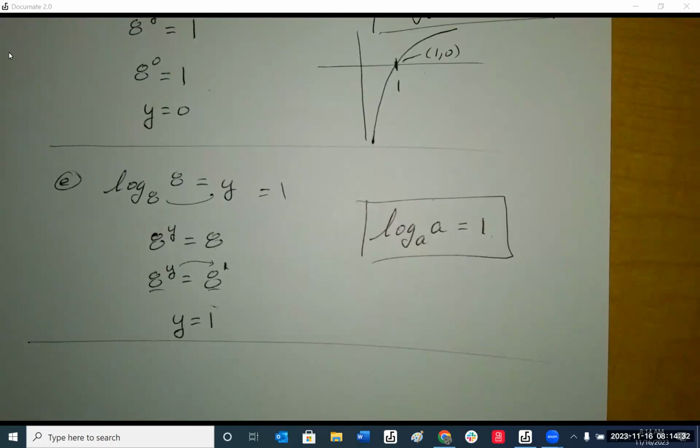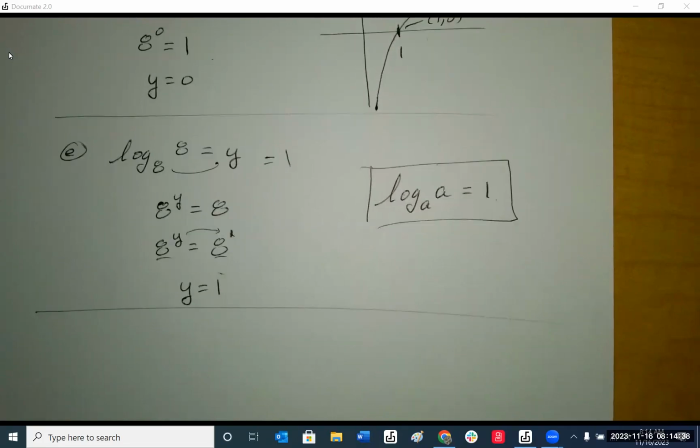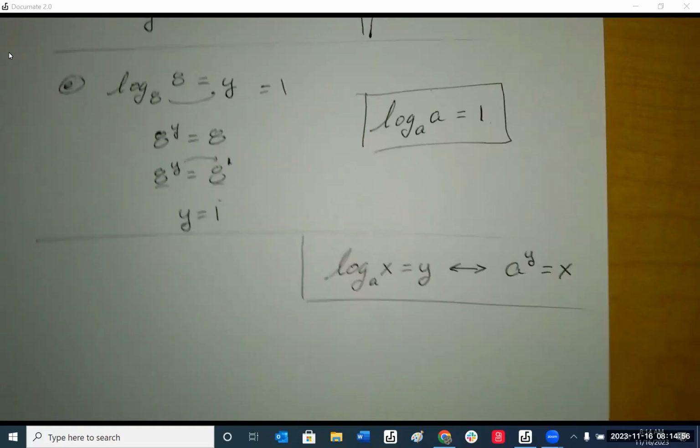So that's how you solve if I give you a logarithmic equation. Remember the conversion, we use that formula for the conversion.